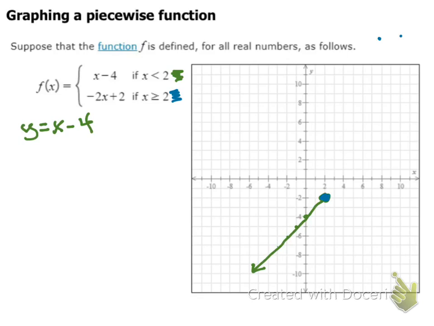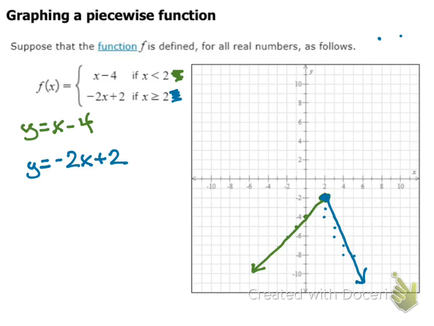And then I know that that is y equals -2x plus 2. So that's what's going to happen to the right of 2. It has a slope of -2, so down 2 over 1. So that would be that graph.